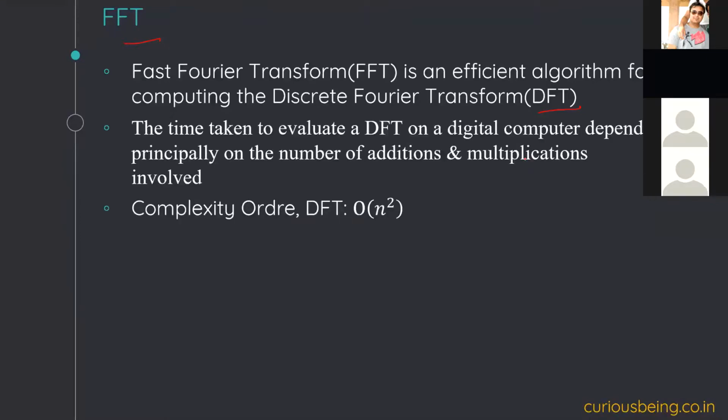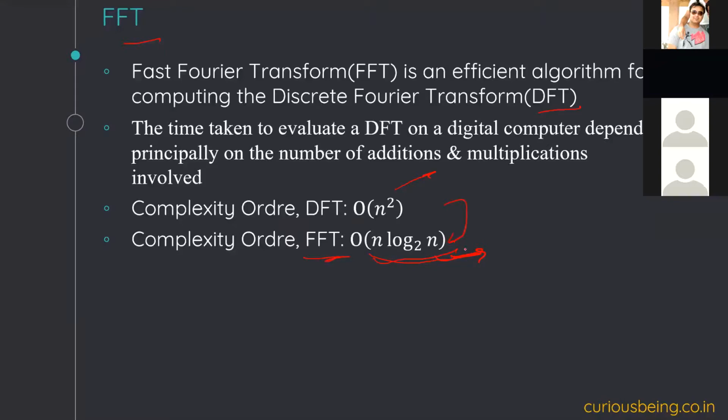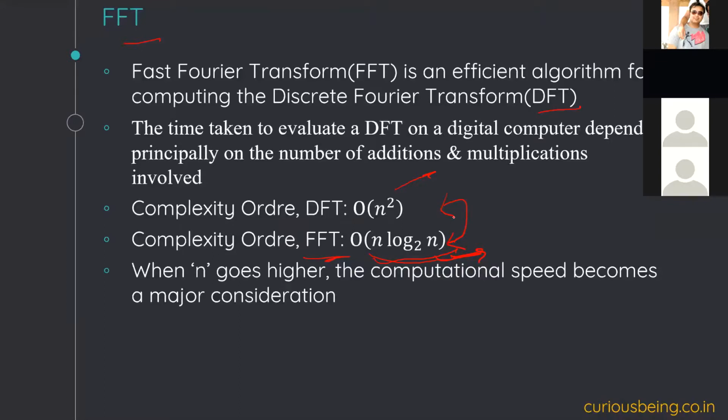For the DFT case, it is of the order of N squared, while for the FFT, it is N log N. And we know that a logarithmic function increases more slowly than a square or an exponential. So this is the comparison between the computational complexity of the DFT and FFT. When N goes higher, computational speed becomes a major consideration, and that's why the FFT is more efficient. But functionality-wise, both are the same.